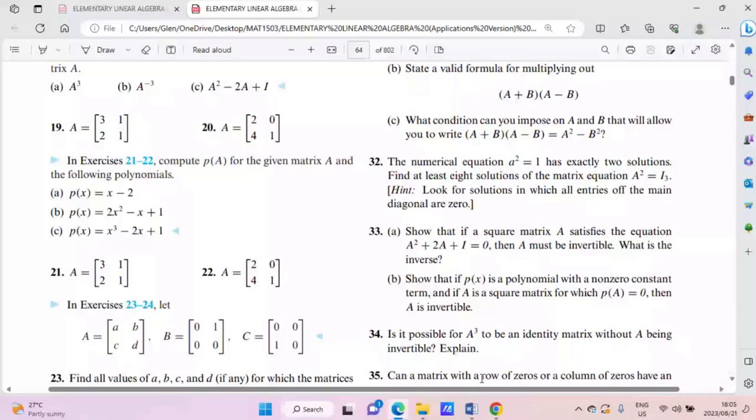Prudence. Yes, sir. Yes, my sister. So I got, first row, 7, 4. Okay.